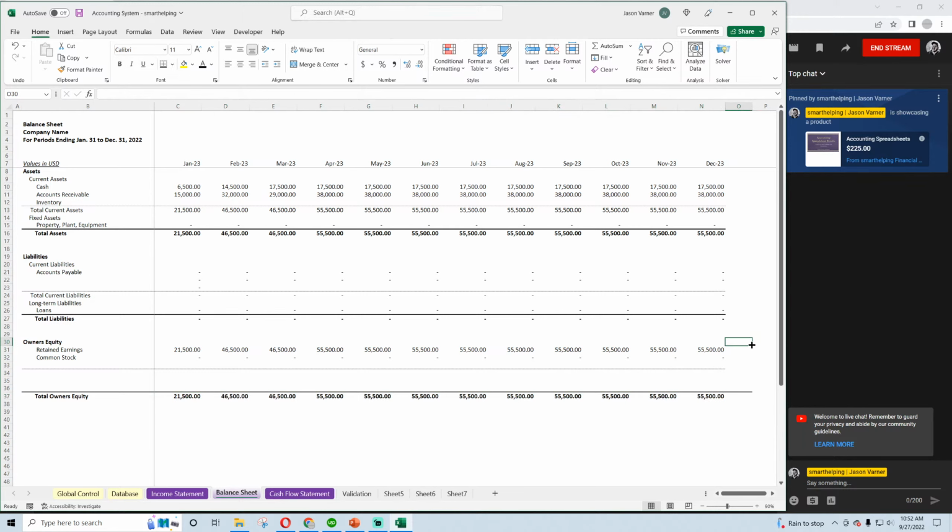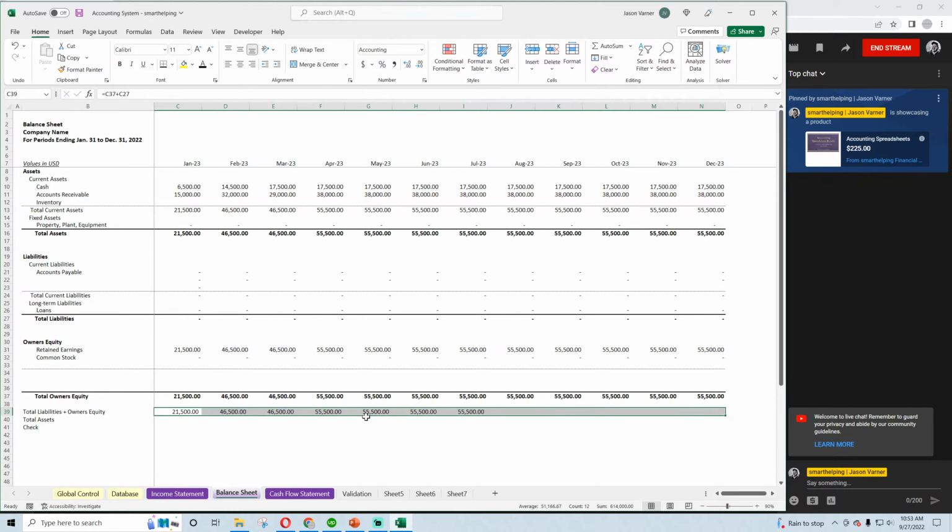It looks like it is. It does actually. So total owner's equity and then total liabilities plus owner's equity, total assets, check. So those should always be equal. So if we add up total this plus liabilities, we get 21.5.